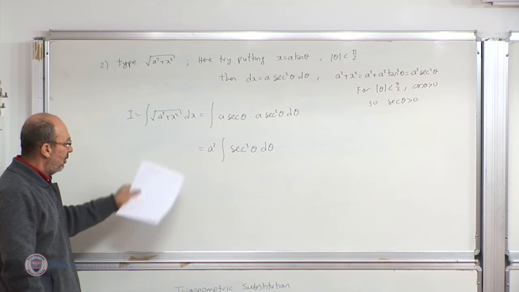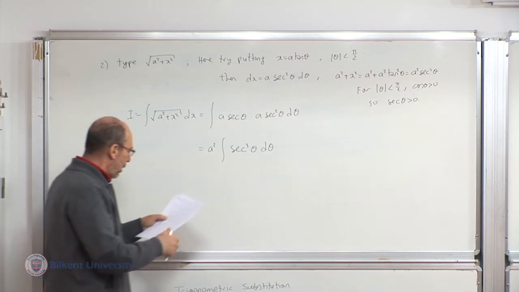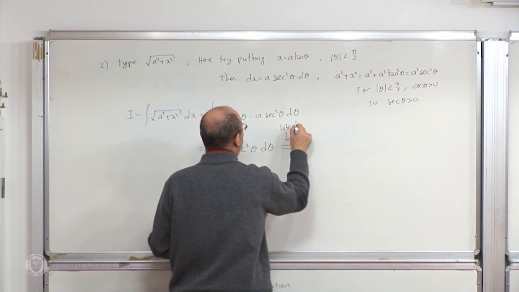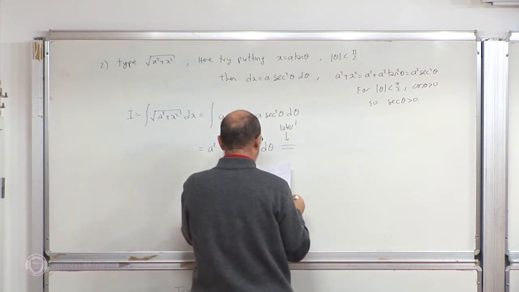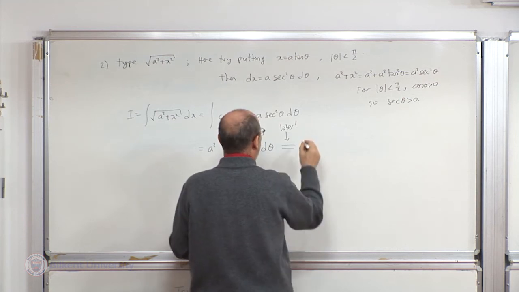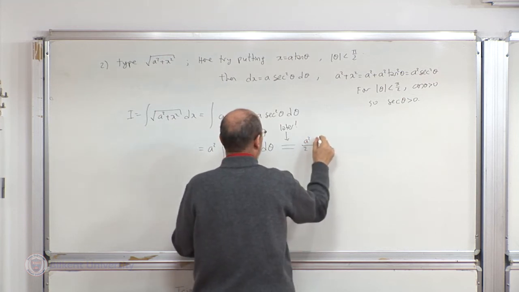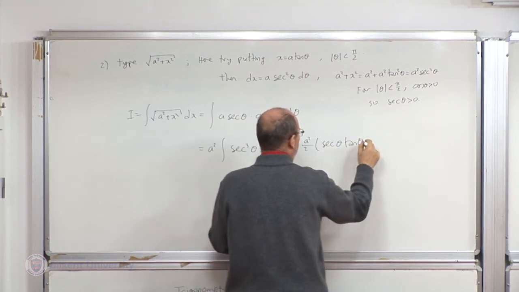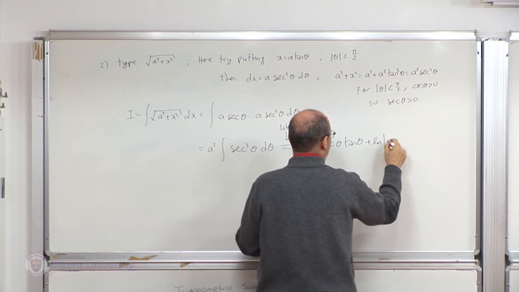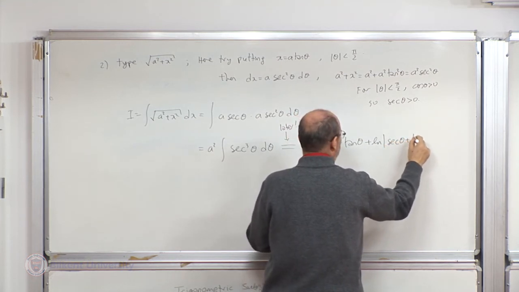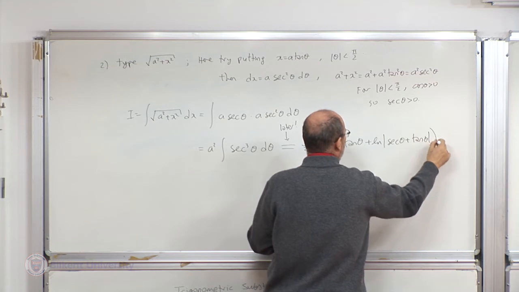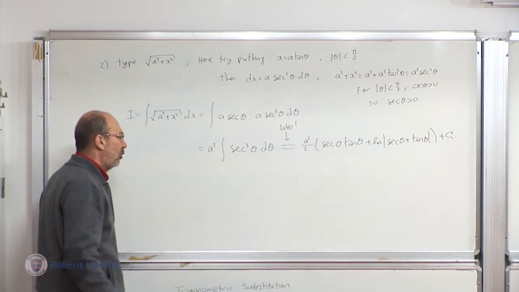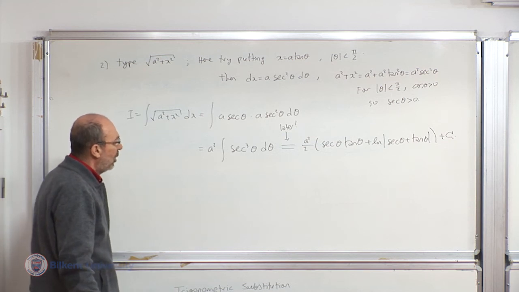This comes up very often. The result is a square over 2 times secant theta tangent theta plus ln absolute value of secant theta plus tangent theta, plus c.